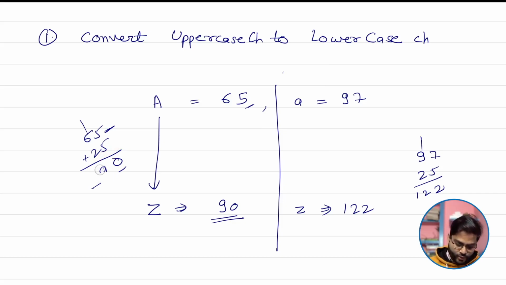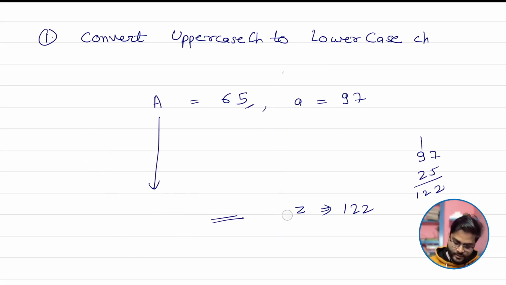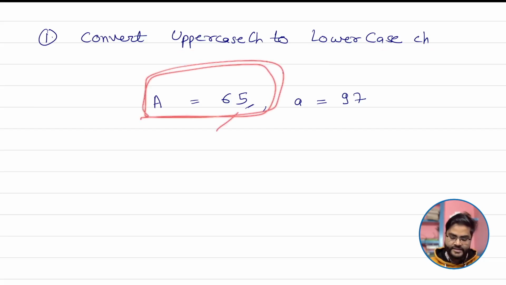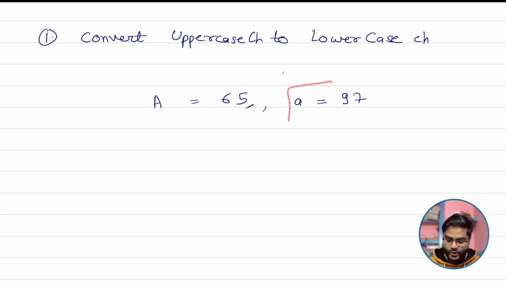Now back to the problem. I want to convert this uppercase character to lowercase character. I know the ASCII value of capital A is 65 and the ASCII value of small a is 97. So what is the difference between these two?